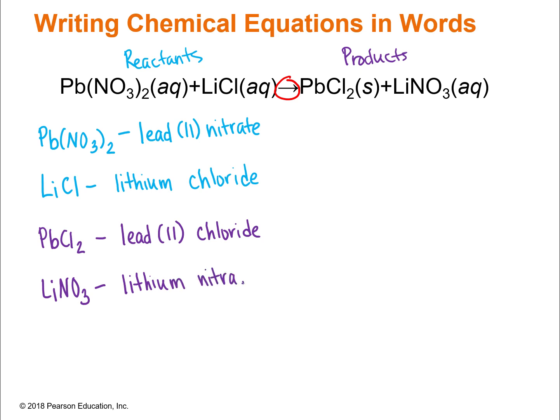And lithium nitrate. So the NO3, you can just look at the common ion sheet and get the name for that ion. So how does naming feel? Does it feel a little bit better?